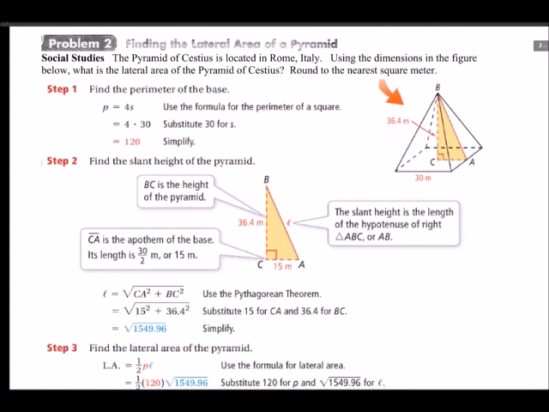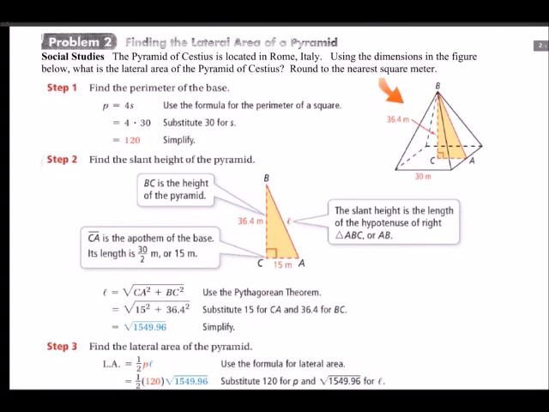What if we are not given the slant height? Whatever shall we do? Well, if we know the height of the pyramid and the length of the base, we can find the slant height.